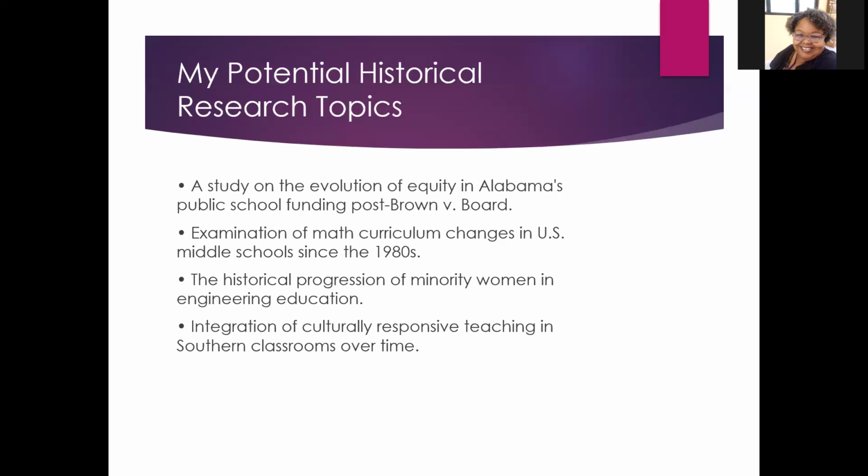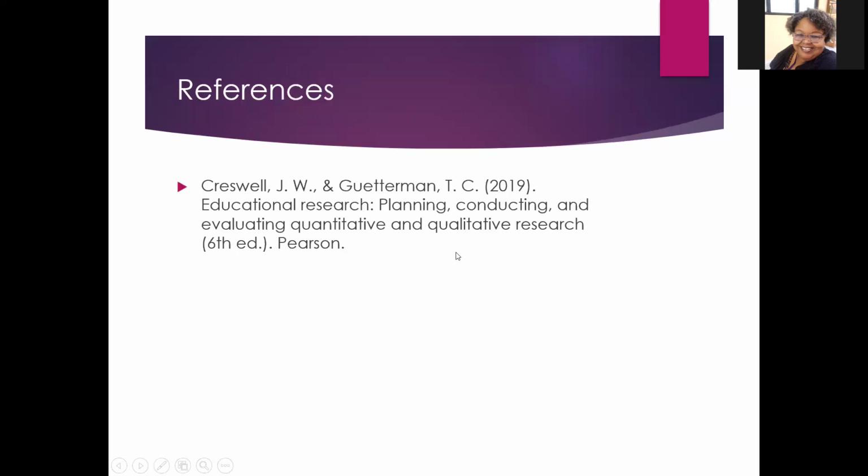I could examine math curriculum changes, a study on the evolution of equity in Alabama's public school funding post-Brown versus Board of Education, women in engineering, the historical progression, culturally responsive teaching in classrooms, Southern classrooms in particular, over time. So those are some things that we could look at.